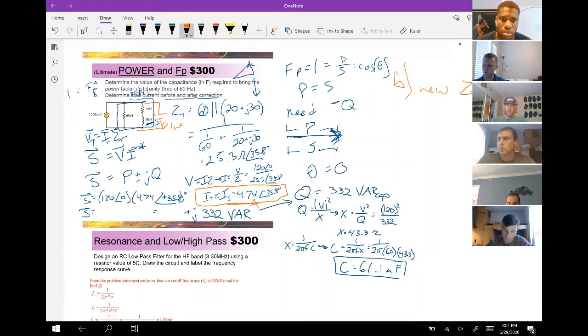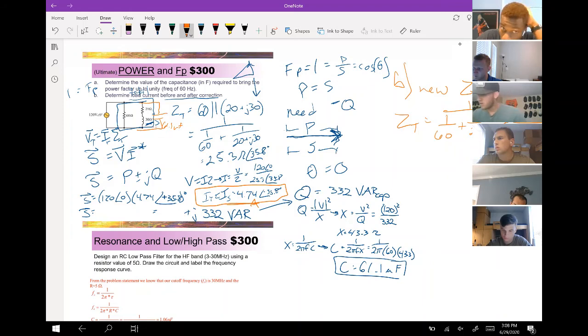Its reactance was 43.3. So if I had a new Z total, I do 1 over 60 still there, 1 over 20 plus J30 is still there, but now also in parallel I have that 61.1 microfarad capacitor. Well, it turns out its reactance is 43.3, so I put negative J 43.3, and I get a new Z total, which is 31.2 angle 0.